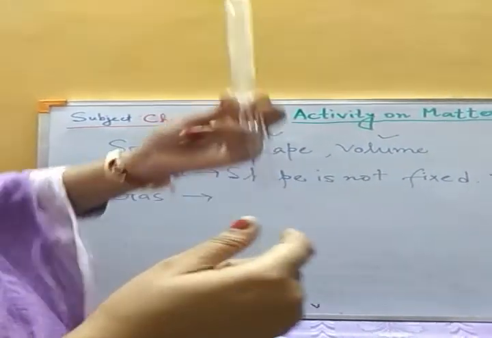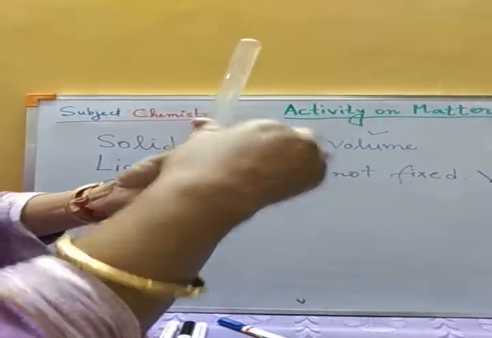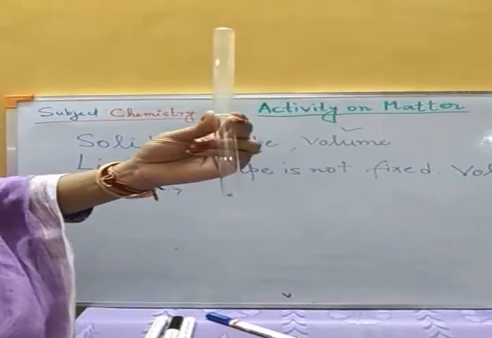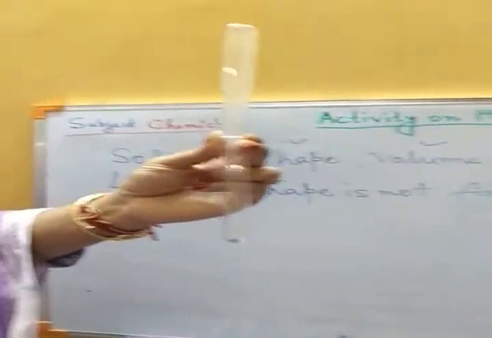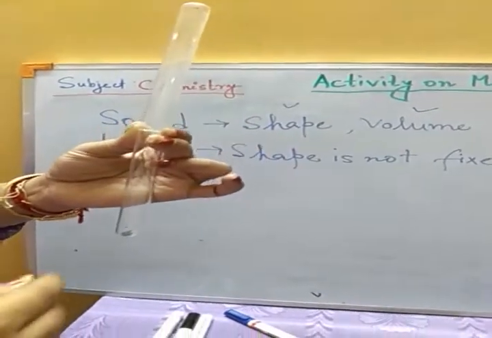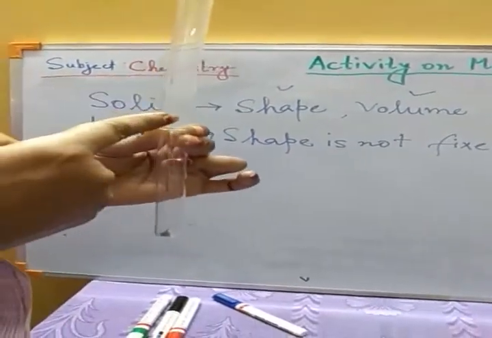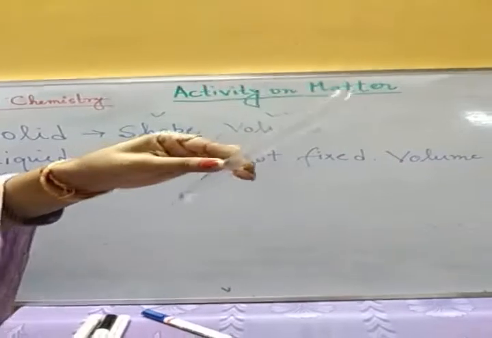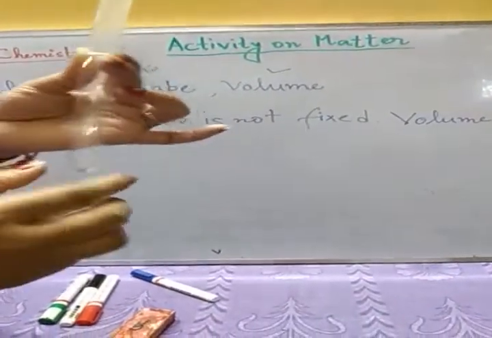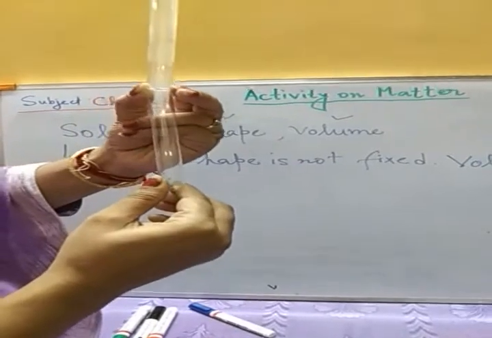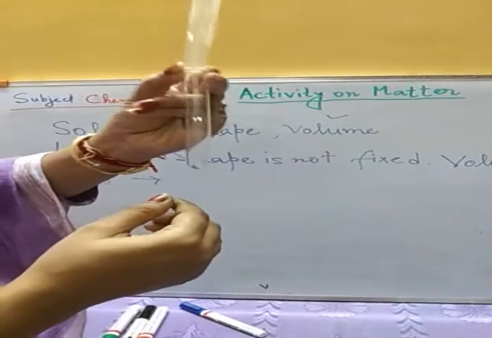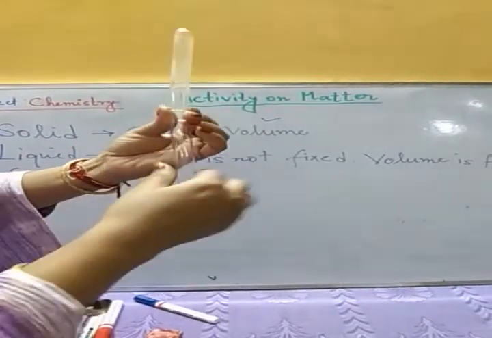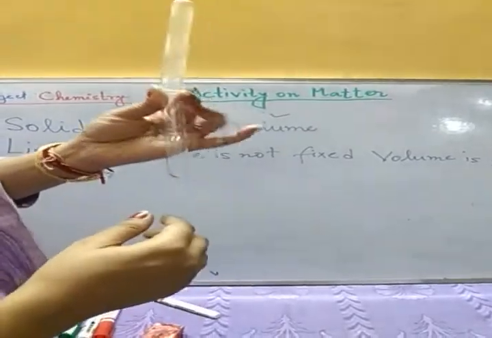Now after some time we can see that the color of the fume will fade a bit, because the gas particles inside are transferring into this second test tube. A few parts of it have already been transferred, and that's why the color has faded a bit.